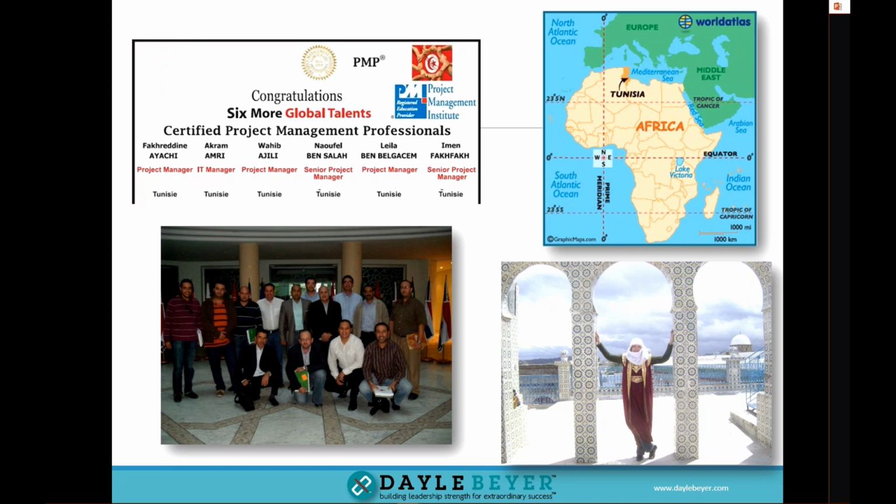Tunisia is a small country, you may not know where it's at, so there's a map over here. I had to look on Google Maps in order to find where it was located when I was first asked to go there. It is an interesting country because it has a European type of flair, but also has some Arabic traits related to it.